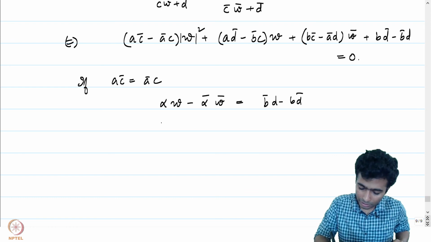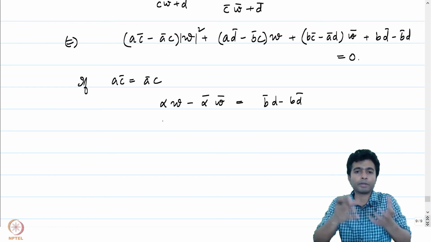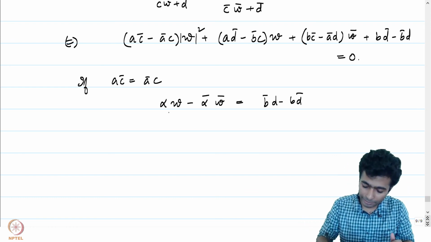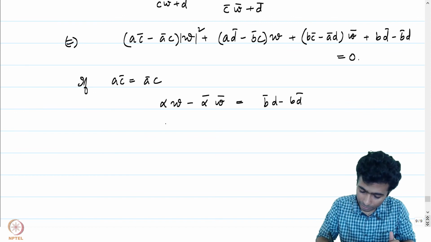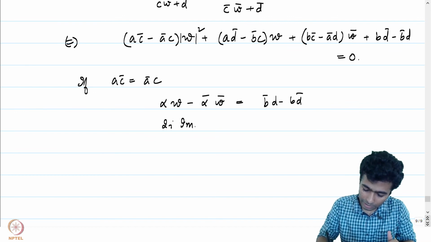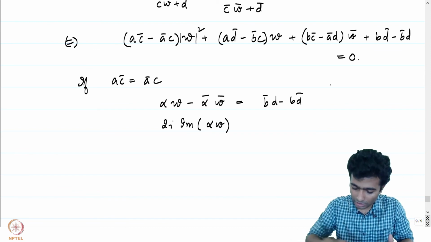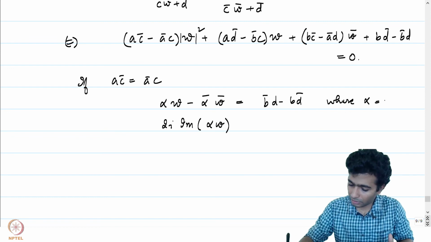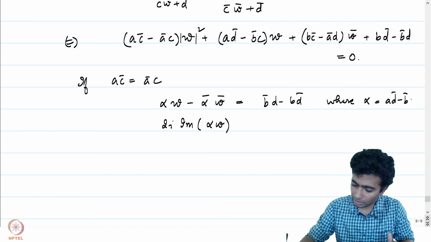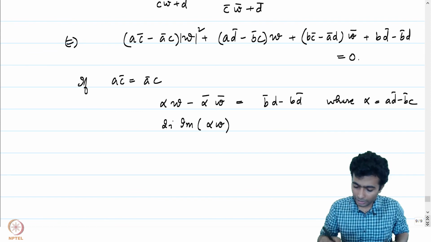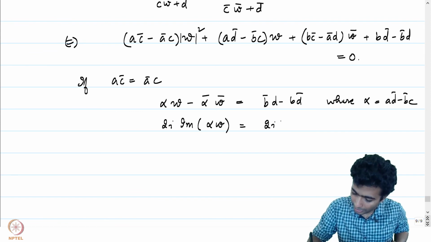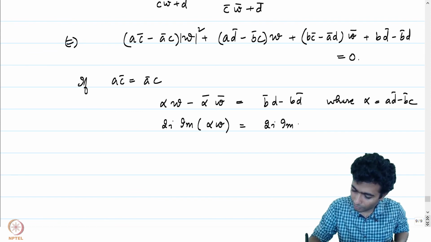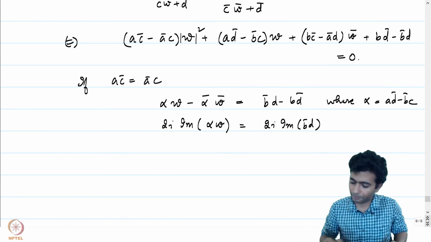And what is Z minus Z bar? That's going to be 2i times the imaginary part. So this is going to be 2i times the imaginary part of alpha times W. Okay, what is alpha here? Alpha is the right thing that you would have guessed. This is AD̄ − B̄C, and that is going to be equal to 2i into the imaginary part of B̄D.